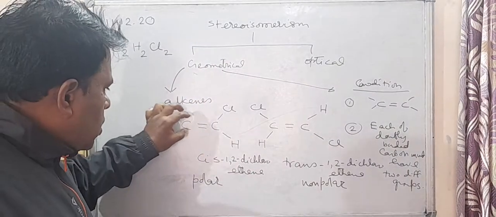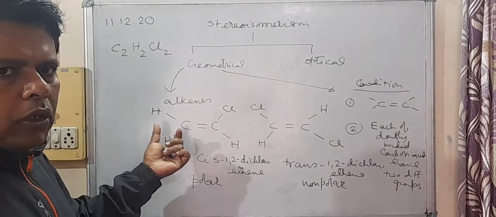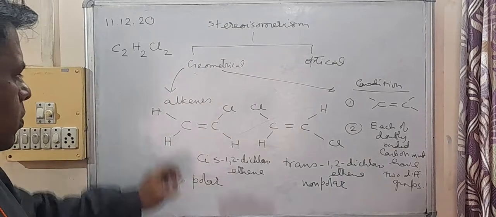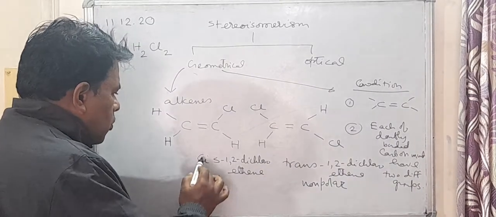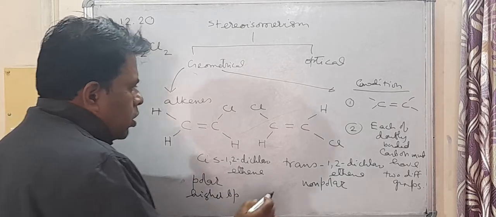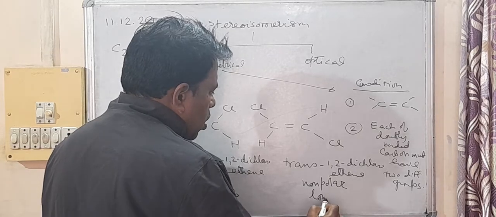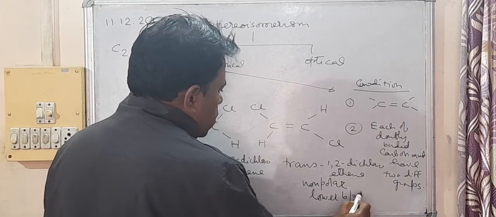And because it is polar, it will have stronger dipole forces. That's why the cis compound will have a higher boiling point, and the trans compound will have a lower boiling point.